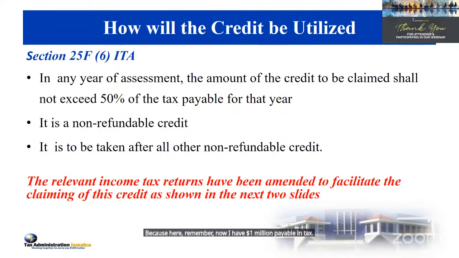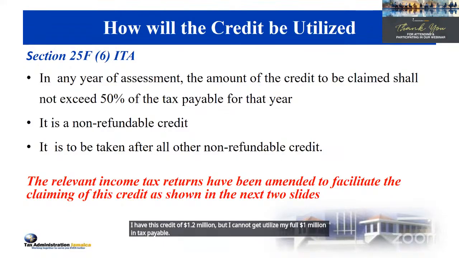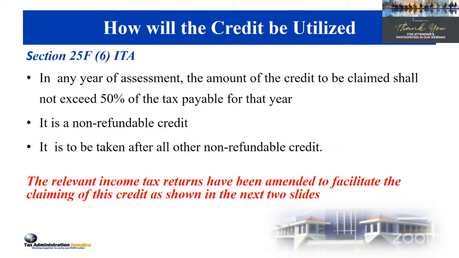I have this credit of $1.2 million, but I cannot utilize the credit to write off my full $1 million in tax payable in 2024. I would not eliminate my total tax payable by utilizing the credit in 2024.